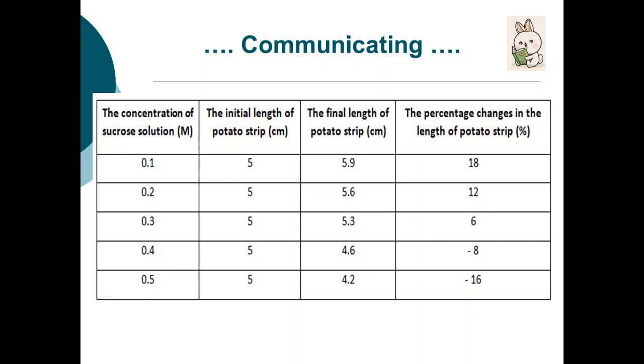Column number 3, the final length of potato strip, also cm. And the last column, the percentage change in the length of potato strip, in percentage. So the unit must be included in the title. Then the data is recorded accordingly.